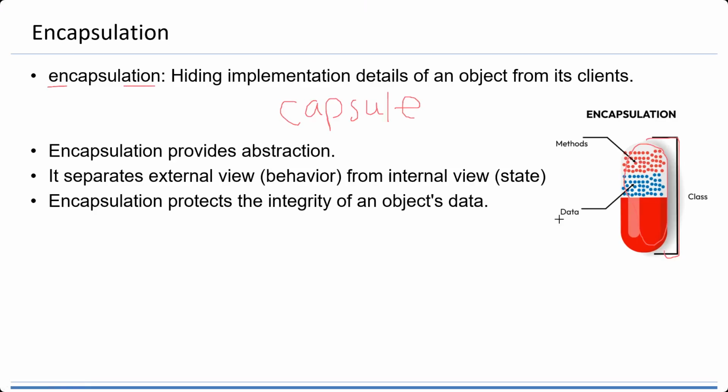It means when we have the attributes or the data, when we have the methods or the behaviors, make sure that everything is inside the class and we hide the implementation details of an object from its client. It means some of the data might be private.